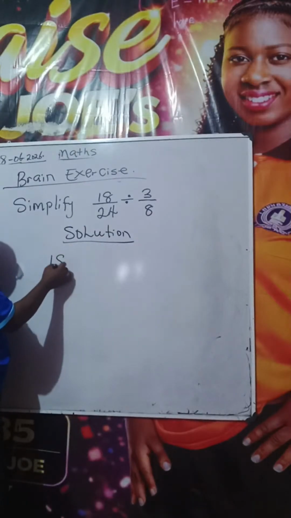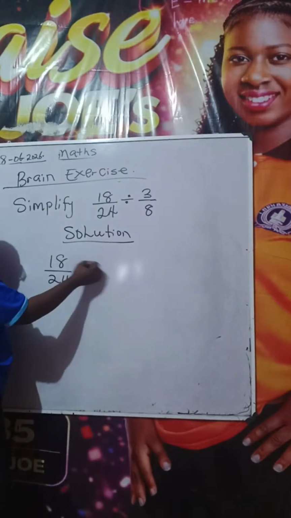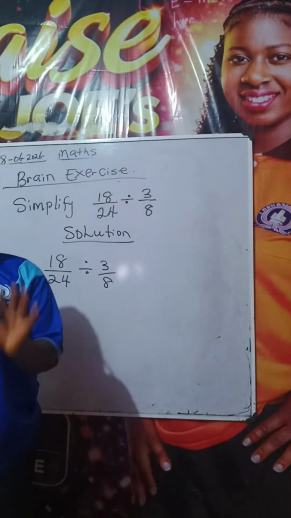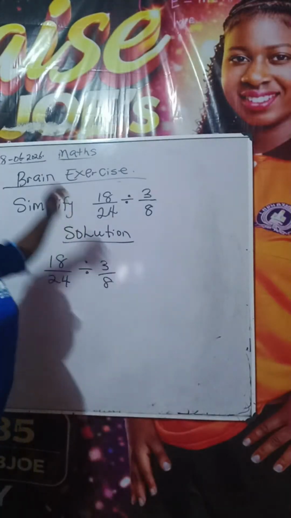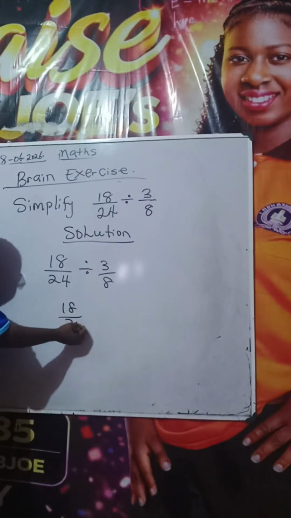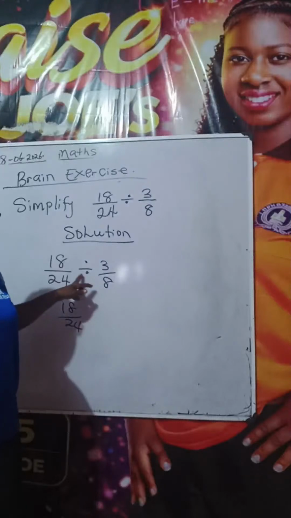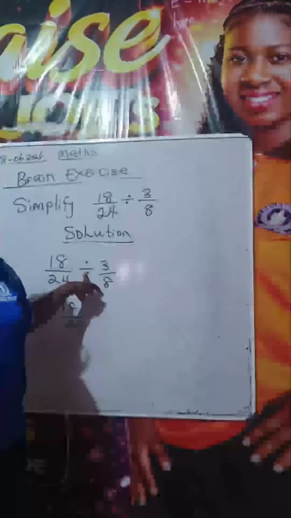So we have 18 over 24 divided by 3 over 8. The first thing to do is we bring down what is there, 18 over 24. And this sign of division will change to multiply. Get it?